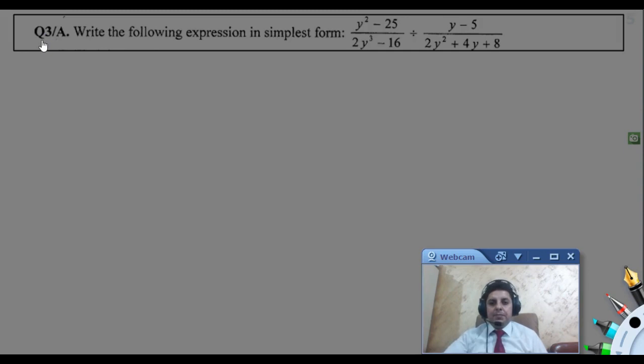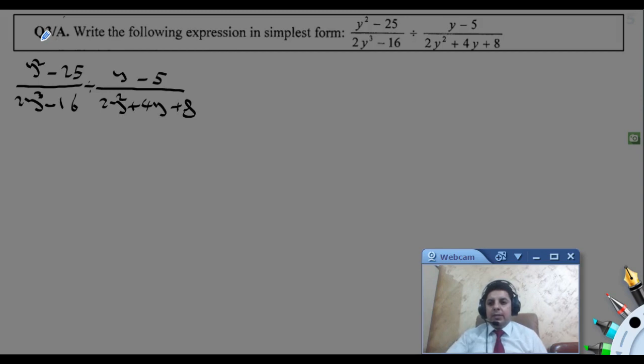Then y squared minus 25 over 2y cubed minus 16, divided by y minus 5 over 2y squared plus 4y plus 8. First step, change the division to multiplication.